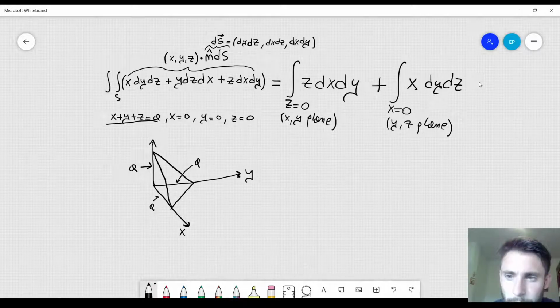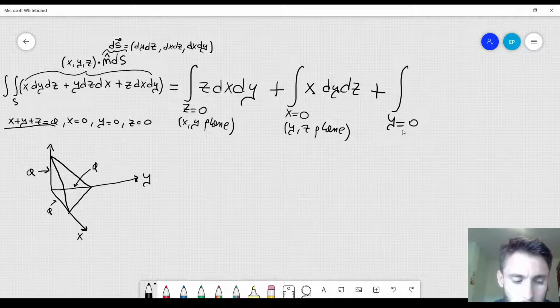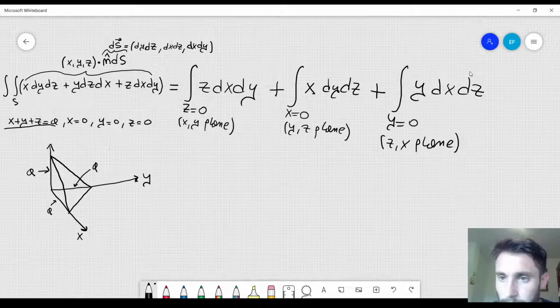Then we also have another contribution here given by the plane y equal to 0, so we have to integrate over y equal to 0, which is the zx plane. Of course, in this case, we only have the contribution given by the second component y times dx dz, or dz dx.